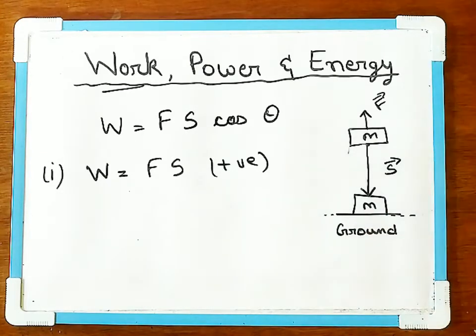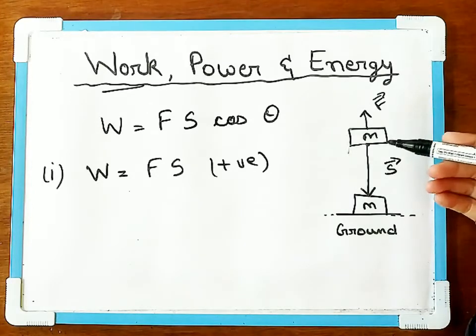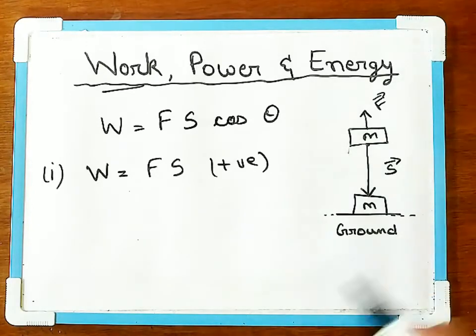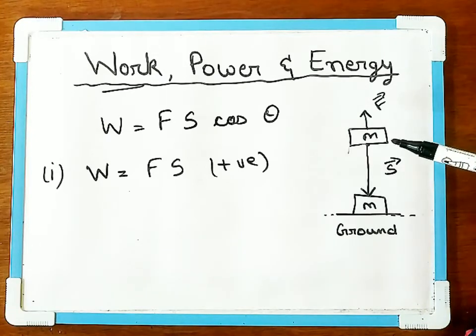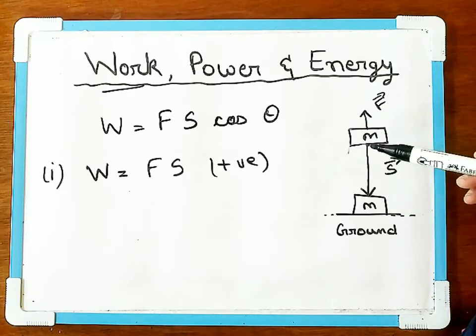So if you carry any object with you, then the force always acts in the upward direction. So here you can see that while displacing this object from this position to this position, the force is upwards and the displacement is downwards.